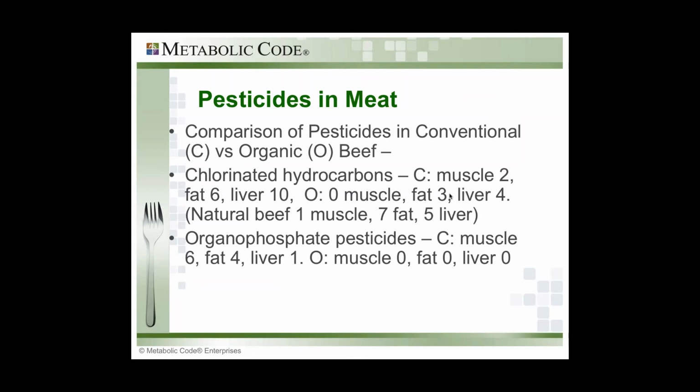So this was a slide that I've reviewed before in other presentations that shows the conventional foods, signified by the C, have much higher numbers of both categories of pesticides that they tested here, chlorinated hydrocarbons and the organophosphate pesticides, compared to the organic versions, which had no organophosphate pesticides and much lower chlorinated hydrocarbons than the conventionally raised. So these are just the references.